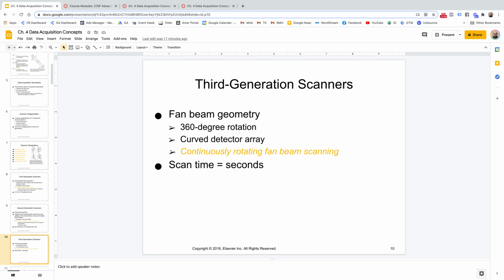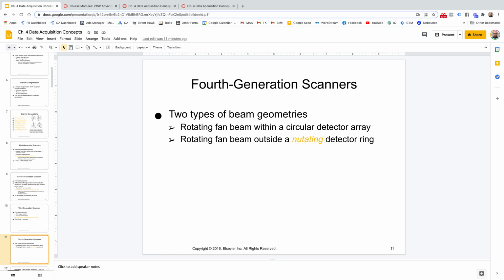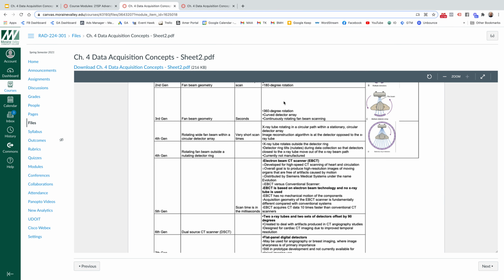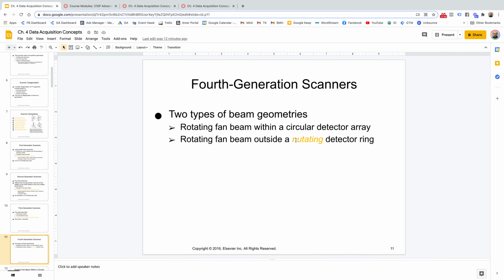So basically, I took all these PowerPoints and put them in one chart for you. Fourth generation, you have two types. You have one where it's a rotating fan beam with circular detector array, and that is this one. And the other type, which is a weird one, is a rotating fan beam outside a nutating detector array.